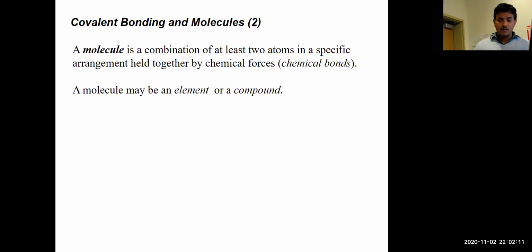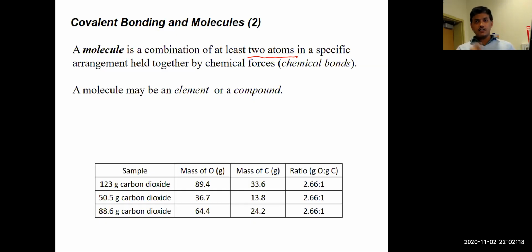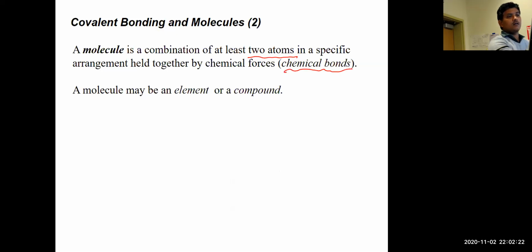The covalent molecule is a combination of at least two atoms or more in a specific arrangement held together by chemical forces, which are nothing but our very own covalent bonds. Okay. A molecule may be an element or a compound. What does that mean?